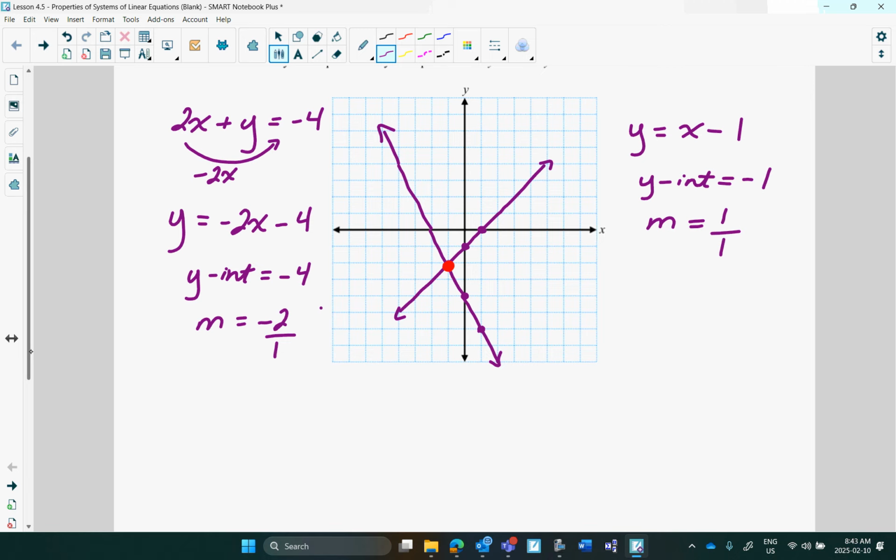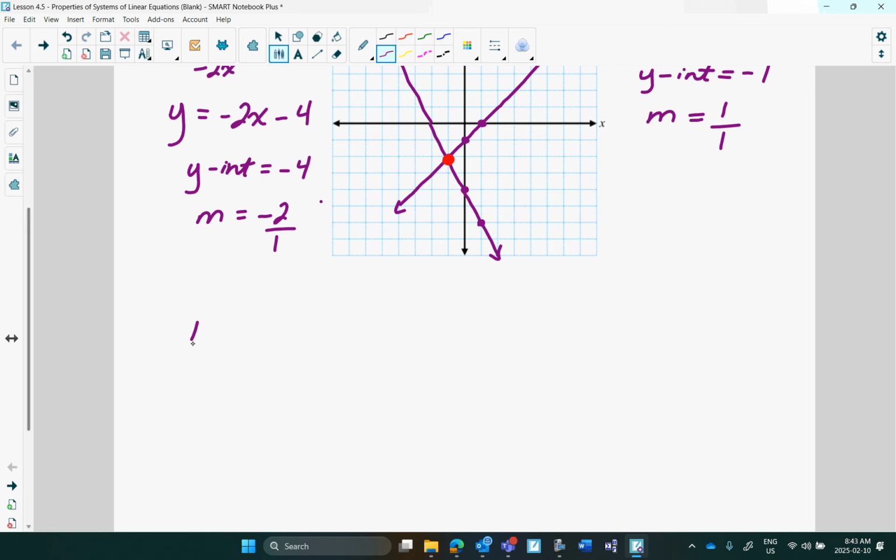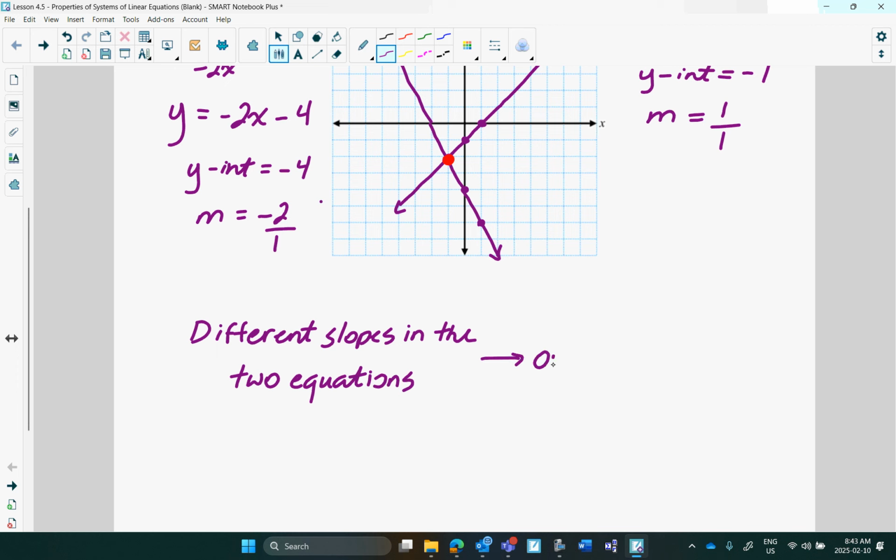So we can make a conclusion that different slopes in the two equations will always mean there'll be one solution, one point that they intersect.